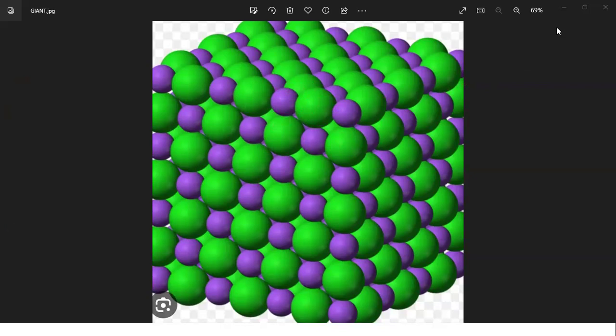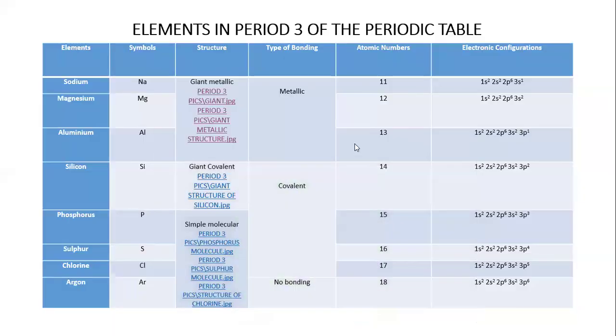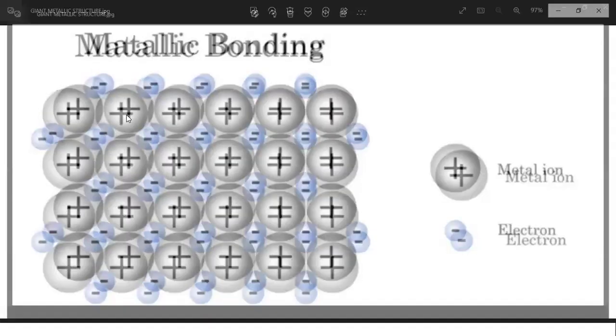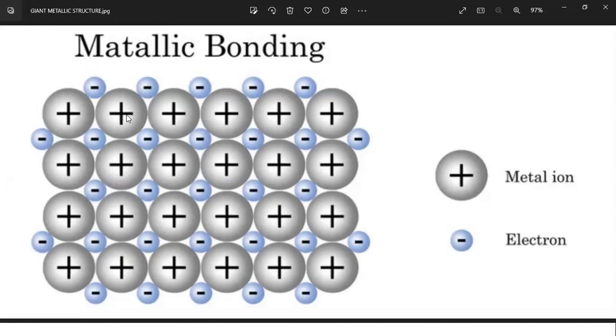In 2-dimension, we had it here. I added it in 2-dimension so that you can see. So this is the 2-dimension part of it. This is the metal ion, and this is the negatively charged electron, the delocalized electron.